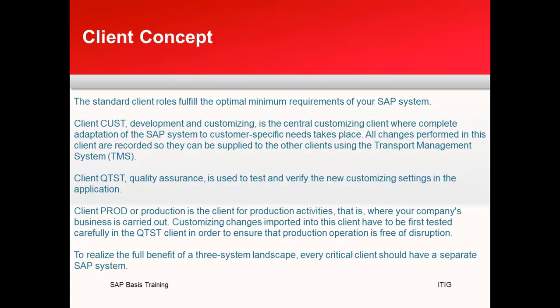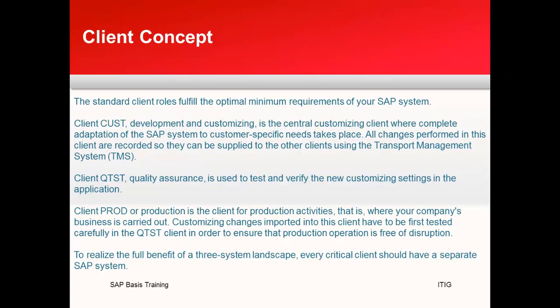All changes performed in the client are recorded, so they can be supplied to the other clients using the transport management system. Client QTST, that is the quality assurance, is used to test and verify the new customizing settings in the application.